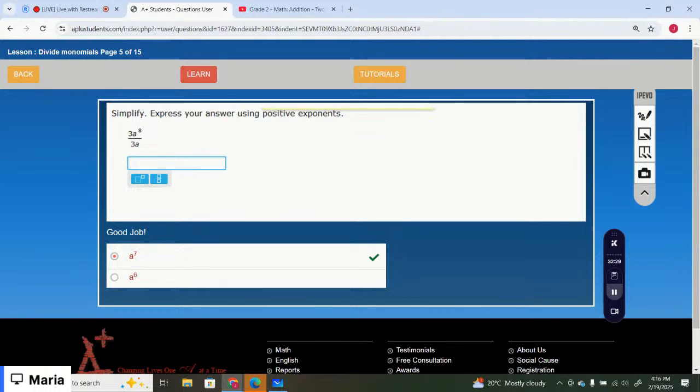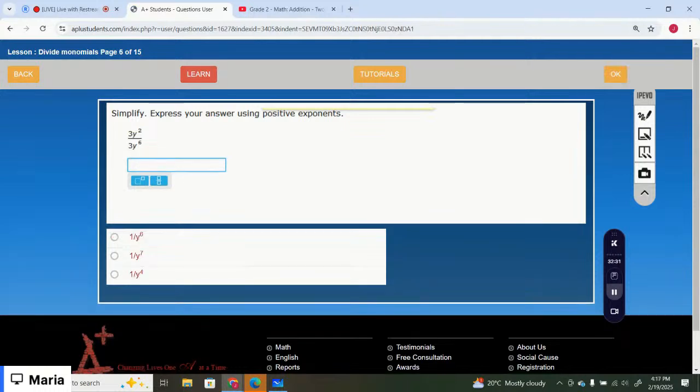Very good. 3y squared divided by 3y6, which is the correct option?